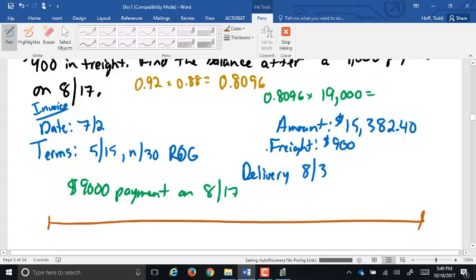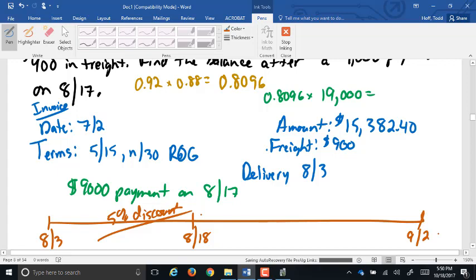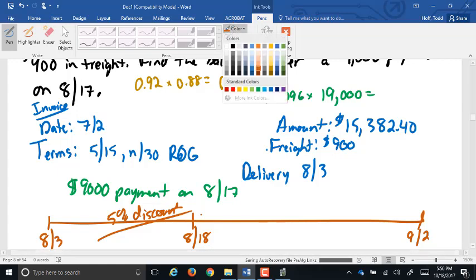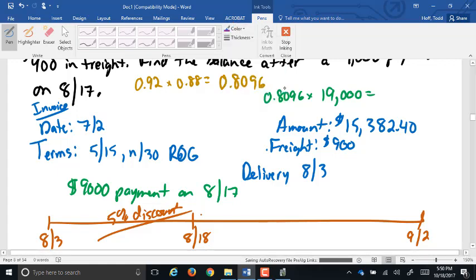So our timeline starts on what date? 8/3. This is going to end on 8/18, 15 days. That's a 5% discount in that period. And of course, this is going to end on 9/2, but that's not important. It was paid on 8/17, snuck it in under the wire.